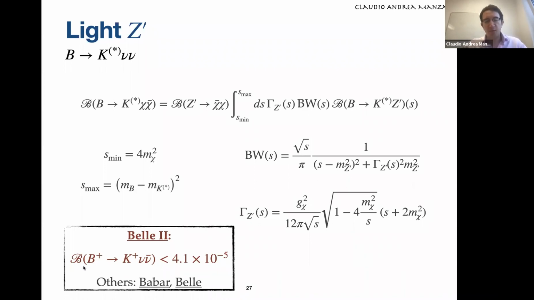That's why we need to use this bound in our analysis. So we computed this branching ratio, keeping the Breit-Wigner of the Z prime. And in particular, here we found that it was also important to keep into account the s or q squared dependence of the width of the Z prime.